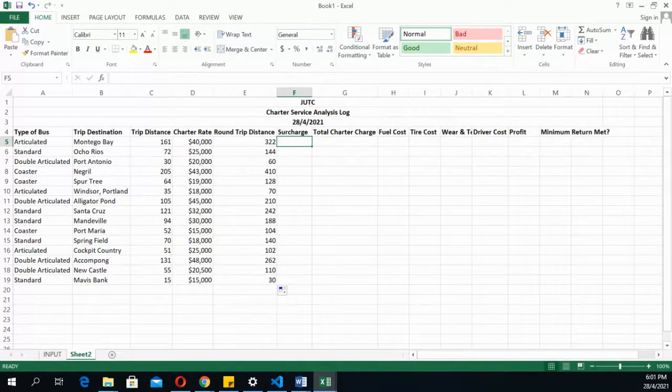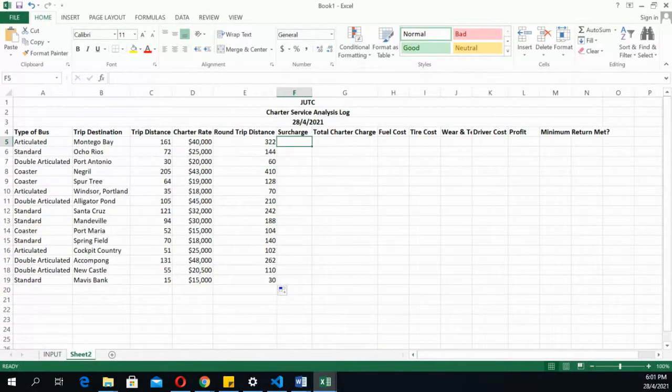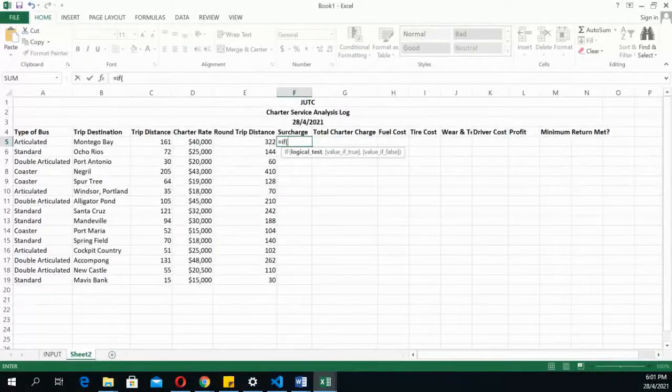So my approach to the cases, or any problem that I have, is to break it down as simply as possible. I know the rate for the surcharge is 12% of the charter rate. They tell me when I should apply it, and it's when the round trip distance is greater than 200 kilometers. So we say if the round trip distance is greater than 200 kilometers.